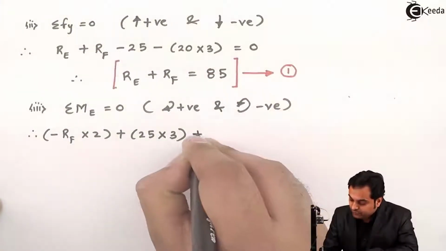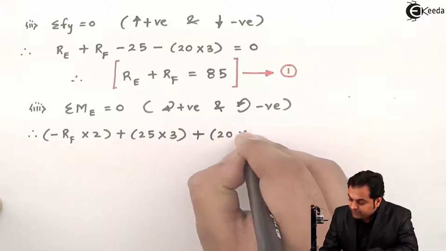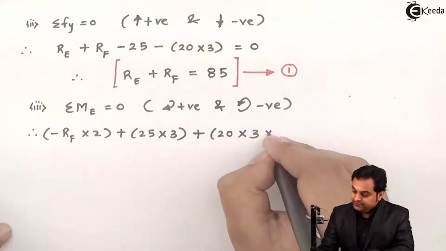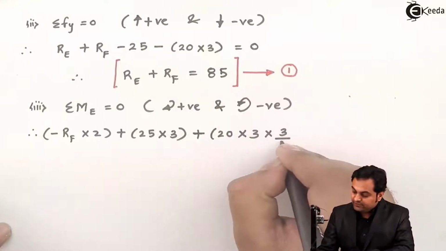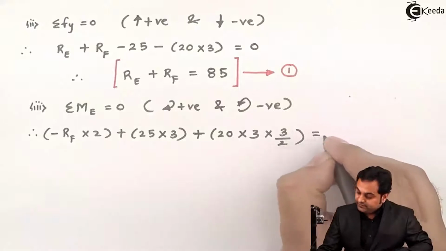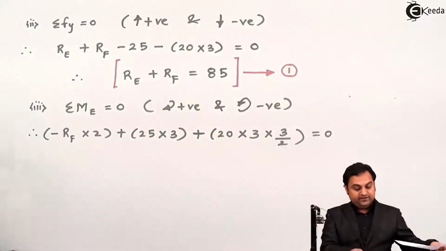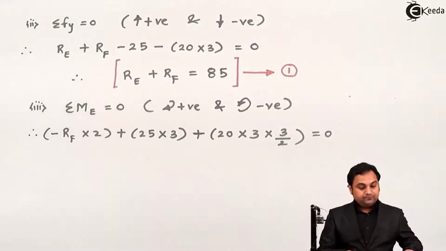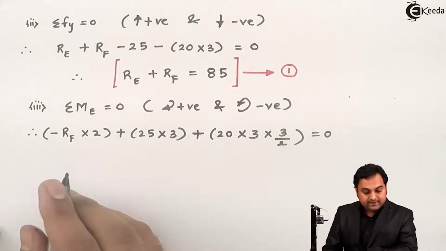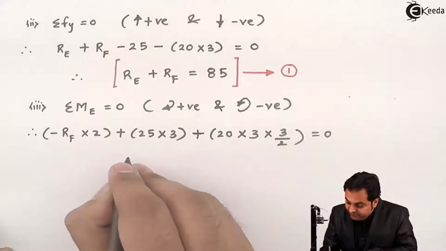So plus 20 into 3, with the distance half of 3, that is 1.5, and this is equal to 0.